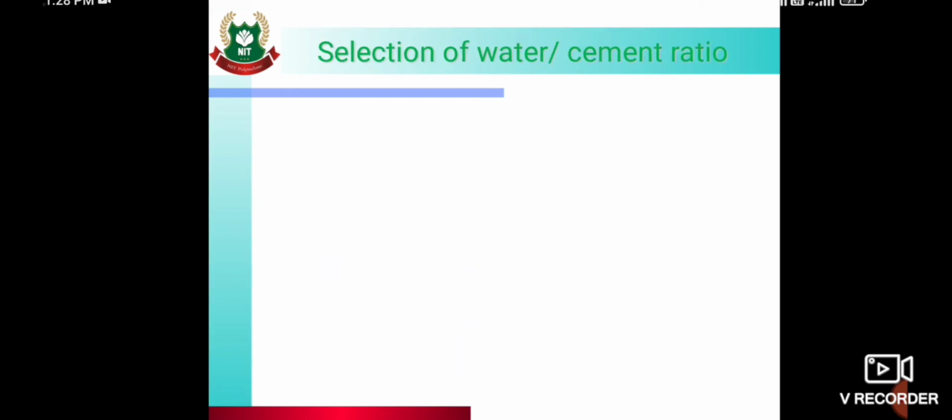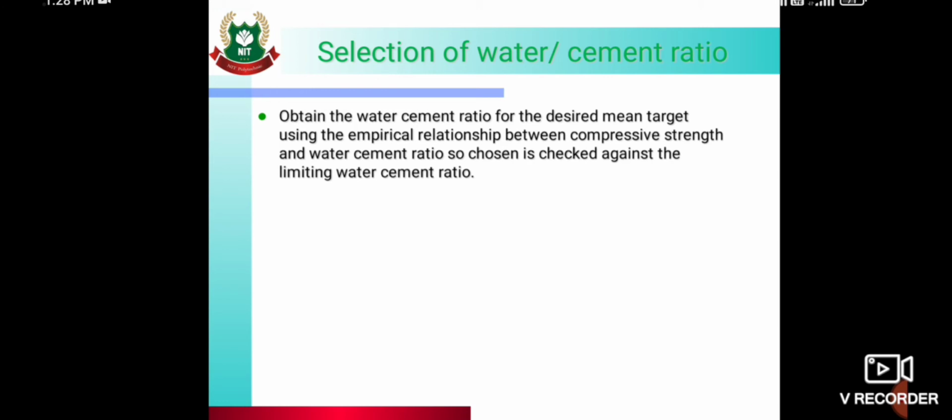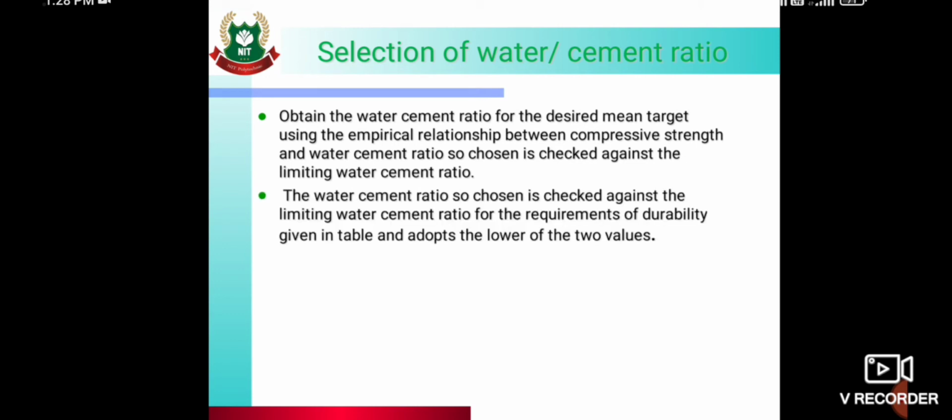The next step is selection of water cement ratio. We have to obtain the water cement ratio for the desired target mean strength using the empirical relationship between compressive strength and water cement ratio. The chosen water cement ratio is checked against the limiting water cement ratio for the requirements of durability given in the table, and we adopt the lower of the two values.